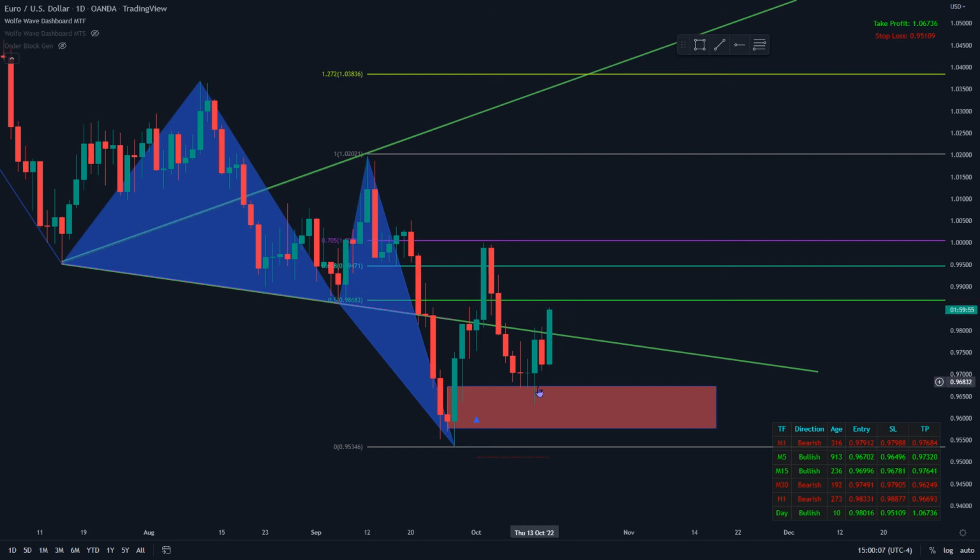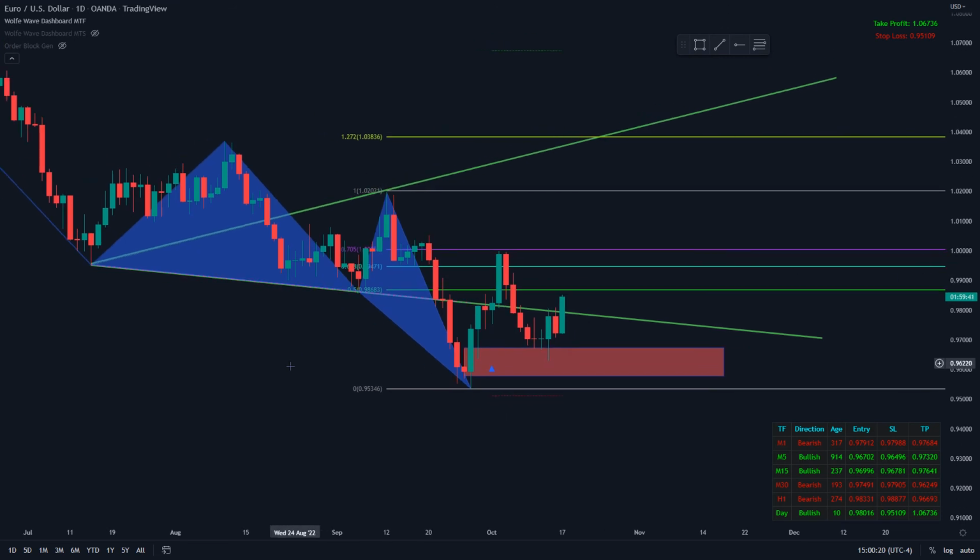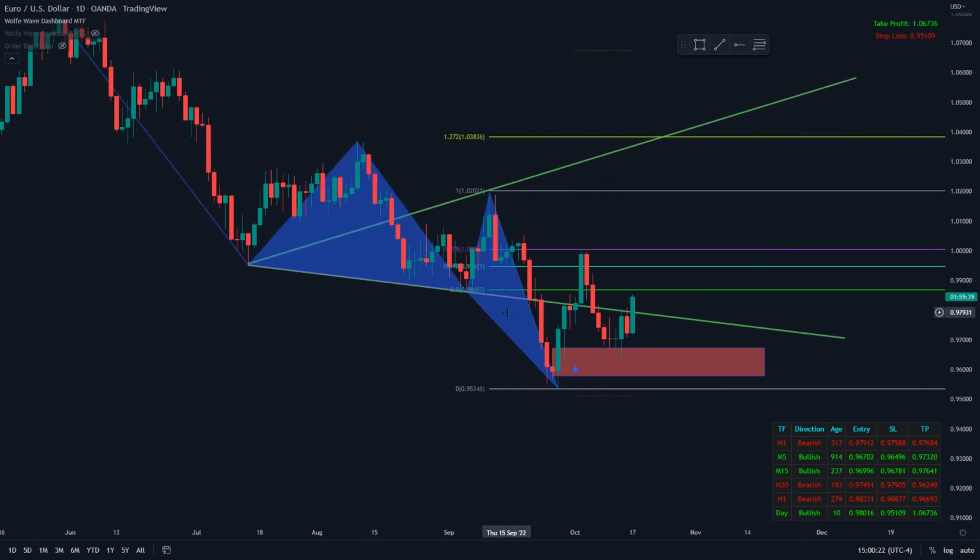So if you got into here, could certainly take partials here, maybe hold until this high, and full take profit would be this high. If this pattern fully does what it is suggesting, it will take out this high. And so far, great confirmation with this trend line being broken.